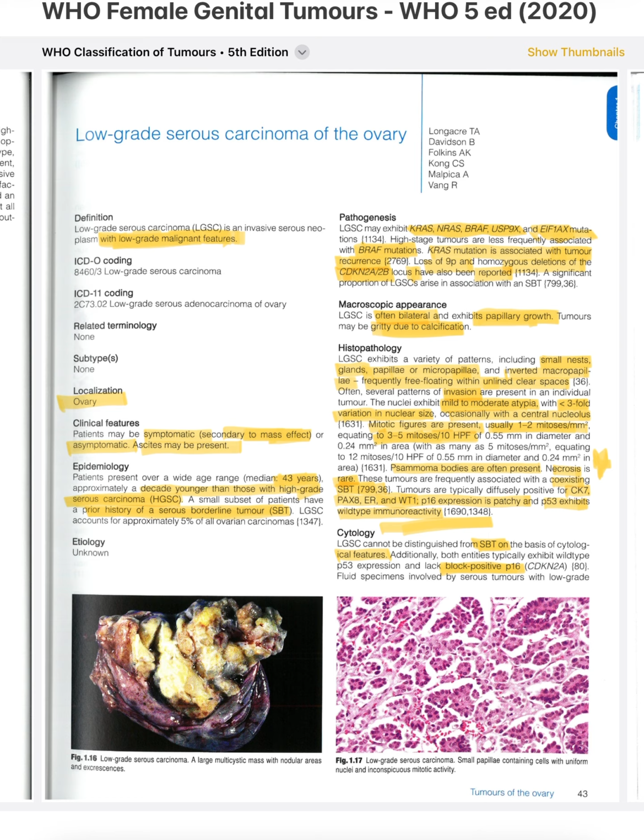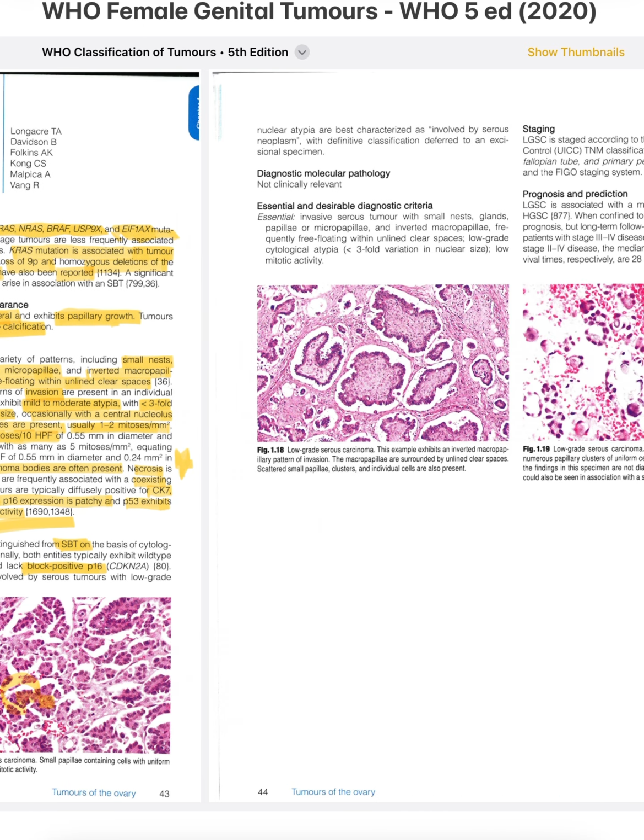We can see here the gross appearance of low grade serous carcinoma, which is a large multicystic mass with nodular areas and papillary excrescences. If we talk about the microscopy, this is low grade serous carcinoma. There will be small papillae containing cells with uniform nuclei, and mitotic activity is inconspicuous.